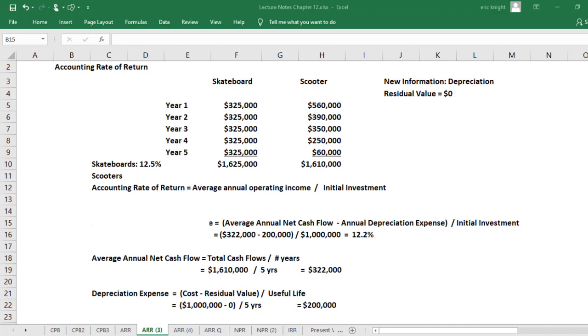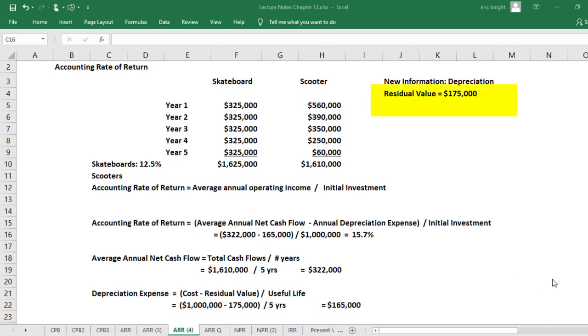One thing that we have to consider is that there's potential in these proposals for managers to have some flexibility that they could use to their advantage, let's just say it that way. For example, residual value of the equipment is based on an estimate. If managers wanted to, let's say, change the estimate for the residual value, let's say the scooter manager wanted to change it a little bit so that he or she would win the proposal with the budgeting committee, let's see what the results might be.